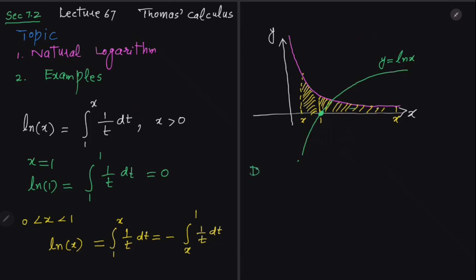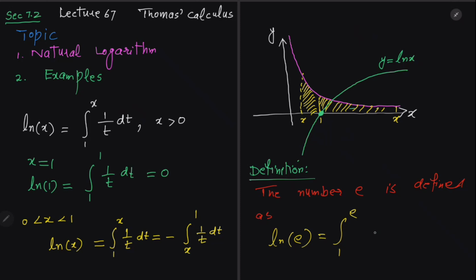The definition is: the number e is defined, in simple terms, by natural log of x when you put x equal to e, then the integral from 1 to e of 1 over t dt, the answer is equal to 1. Okay, so the natural log of e is equal to 1.